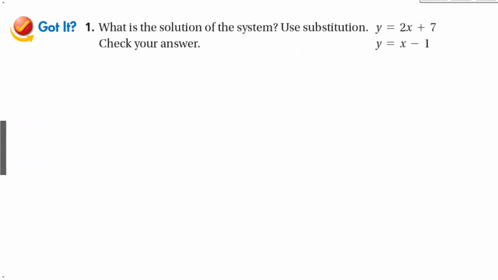Let's look at a got it problem. Use substitution. Now y is equal to 2x plus 7 and y is equal to x minus 1. So y is going to be equal to 2x plus 7 and also y is equal to x minus 1.